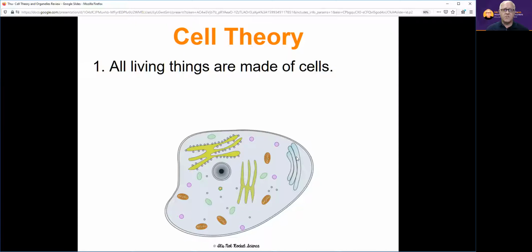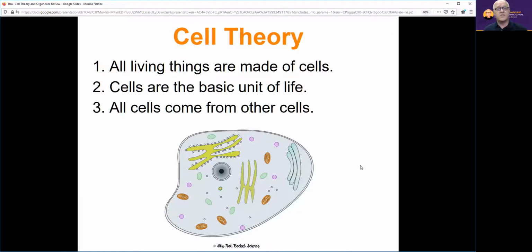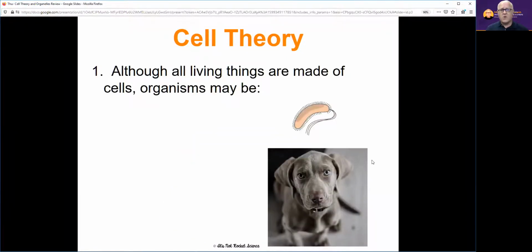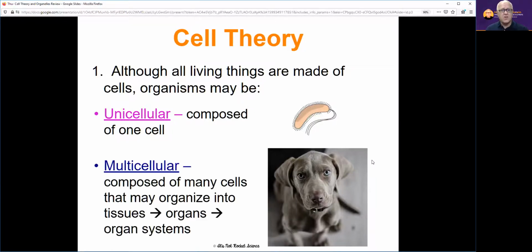So, the basis of cell theory is that all living things are made of cells, and that cells are the basic unit of life, and that all cells come from other cells. And although all living things are made of cells, organisms can either be unicellular, composed of just one cell, or they can be multicellular, composed of many cells that organize into tissues.